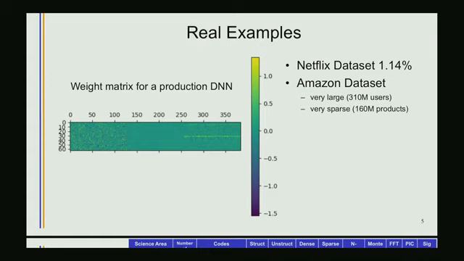You'll never see this. These are the crown jewels of Amazon. They'll never show this to anyone, or for Apple Music, or for whatever. But this is a small slice of the weight matrix for this company that we built the recommender system for, trained on real data, hundreds of millions of data points.